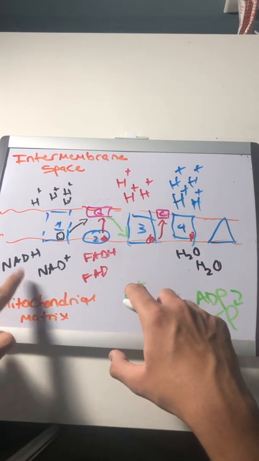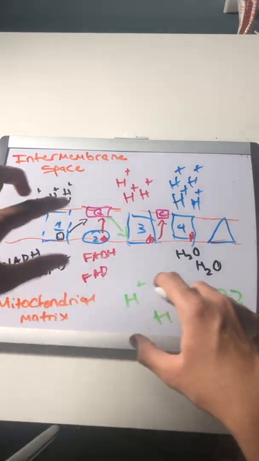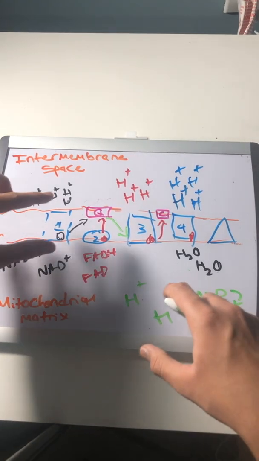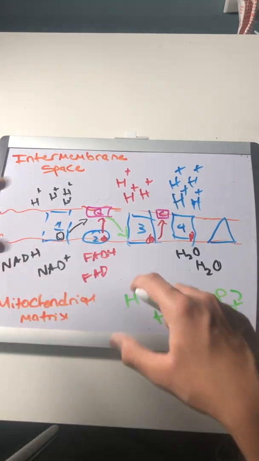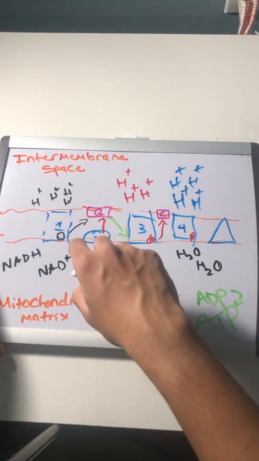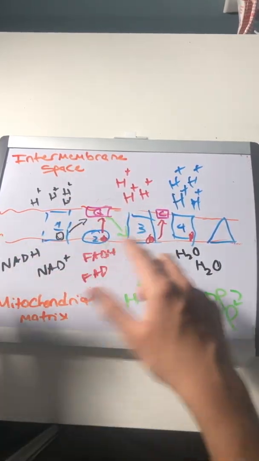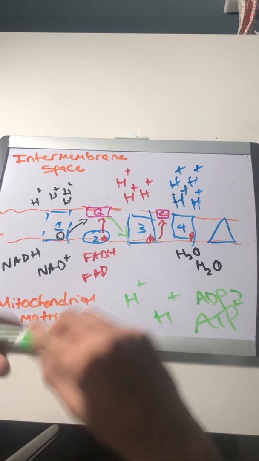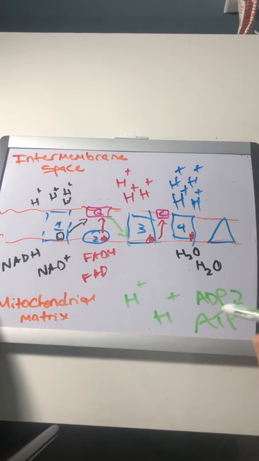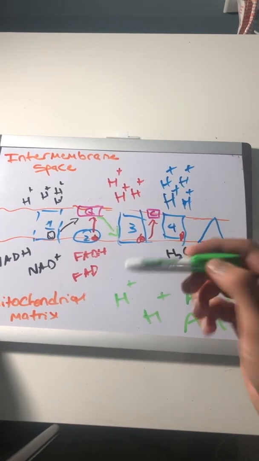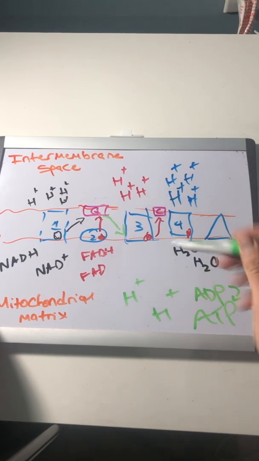Some confusions within this process are going to be debunked real quick. Firstly, electron carriers such as NADH can only go through the process of complex 1, and electron carriers such as FADH can only go through the process of complex 2. And now we know how oxidative phosphorylation works.